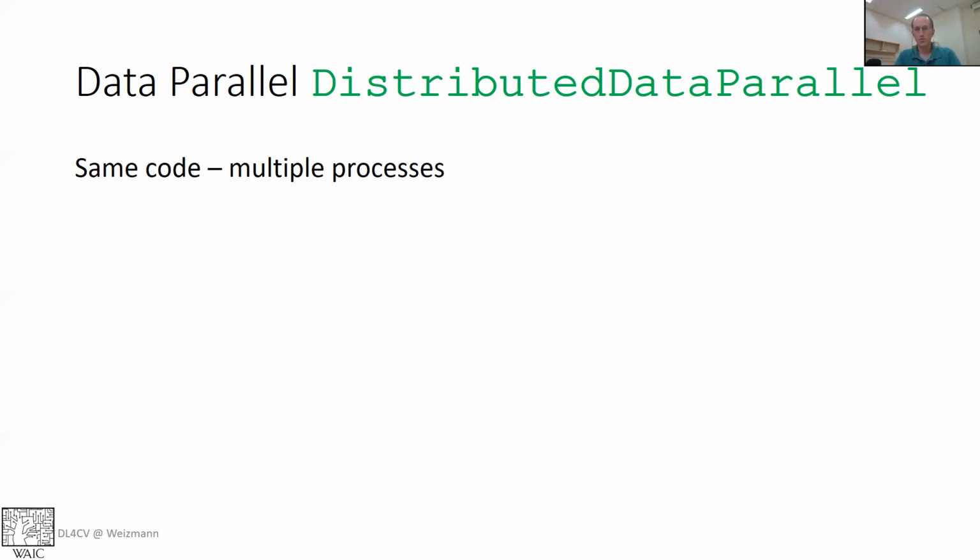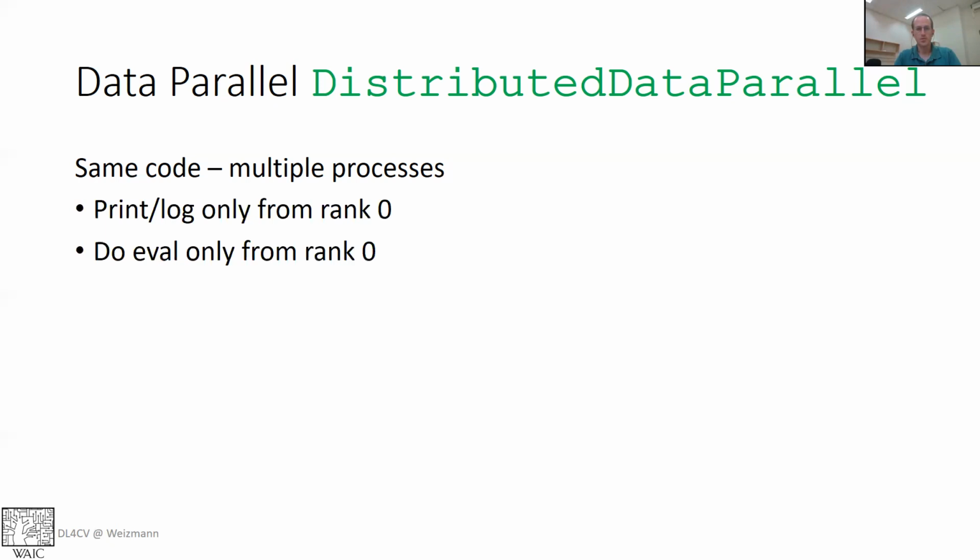To avoid this, it is customary to do all the printing or logging to TensorBoard or Weights and Biases, etc., only from the rank 0 process. Each process knows its rank, so only if you are at rank 0, do the printing or the writing to TensorBoard.